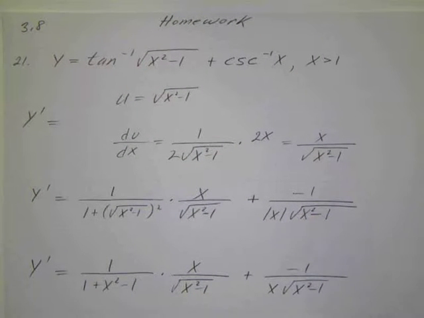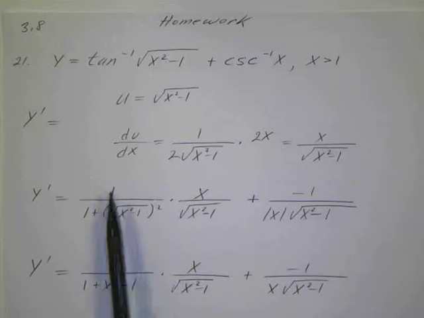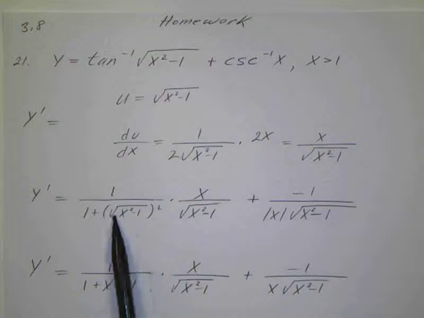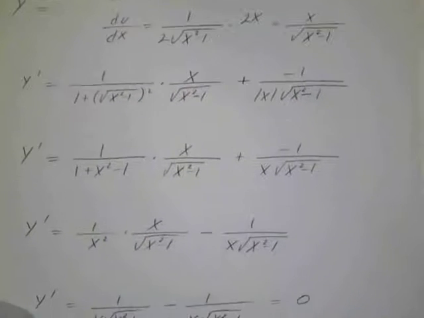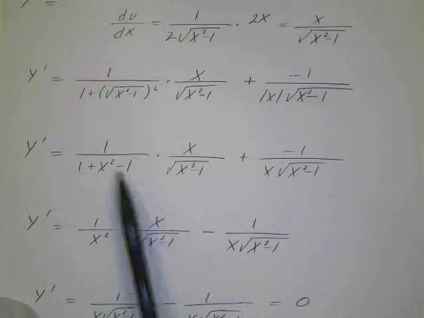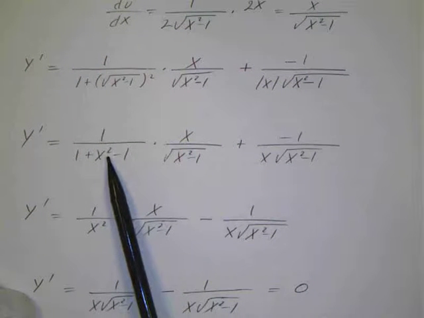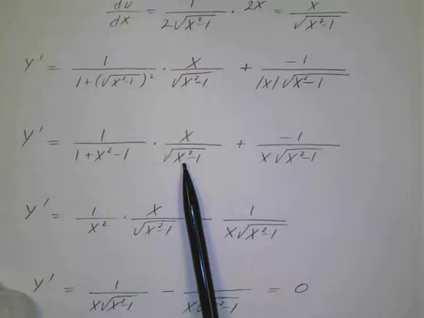All right, now when we look at this over here, we can do a little simplifying. When I square this, this is going to be 1 over 1 plus, and the square root of x squared minus 1 squared is just x squared minus 1. And again, these 1's become 0, as they did in an earlier problem. So these 1's become 0 times this.